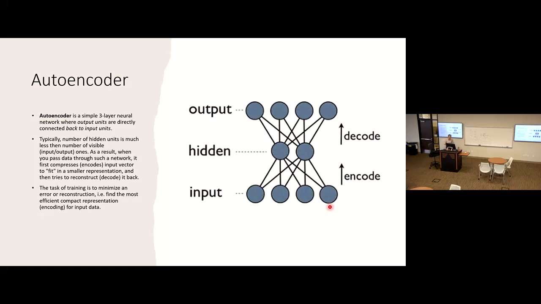Your training is a process of compressing information and then expanding it. It's just like encoding information and decoding it. Why do you want to do that? Because we want to use the information in these low dimensional intermediate steps, those neurons in the hidden layers, to capture the features of your input.